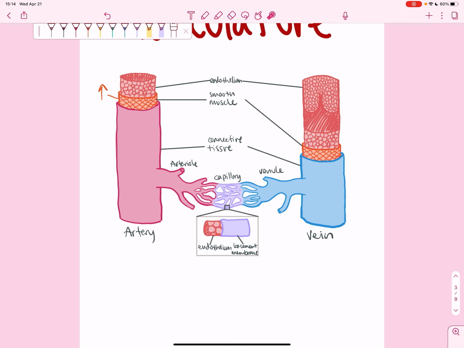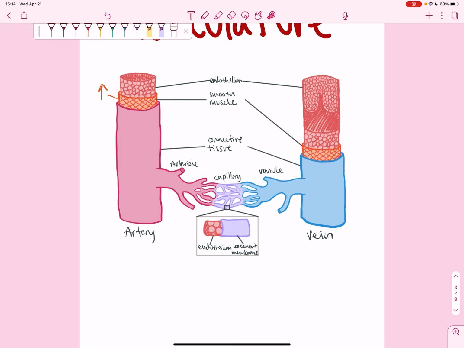I suppose they look closest to the semilunar valves in the heart. So they have valves right here that, when blood is traveling this way, close when pressure is pushed back on them, and it keeps the deoxygenated blood from flowing all the way back where it came from.